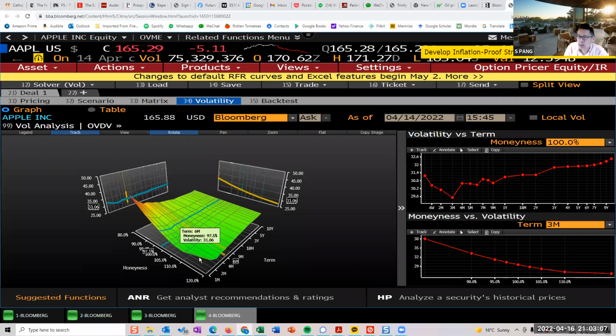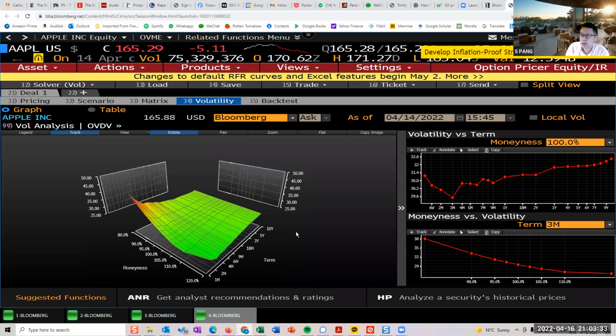So different degrees of moneyness. And the term here is just how long the option is. And the volatility is what you want to know.